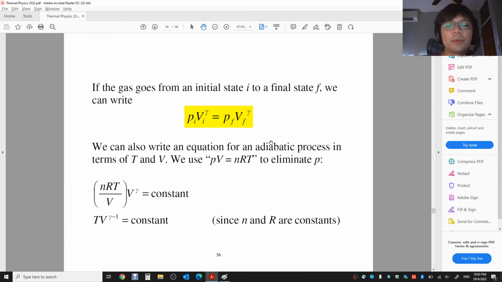We can then write this process in terms of T and V using our ideal gas equation to eliminate P: nRT over V times V to the gamma equals a constant. We now have a lot of constants in our equation, so except T, T times V to the power of gamma minus 1 will be constant as well.